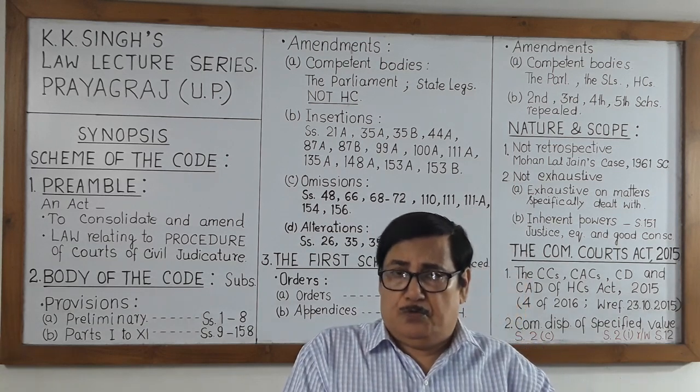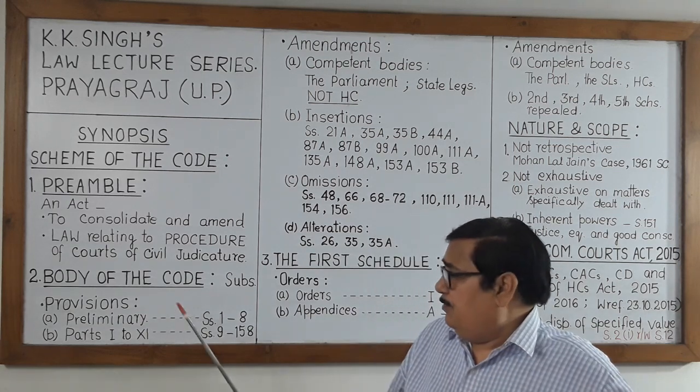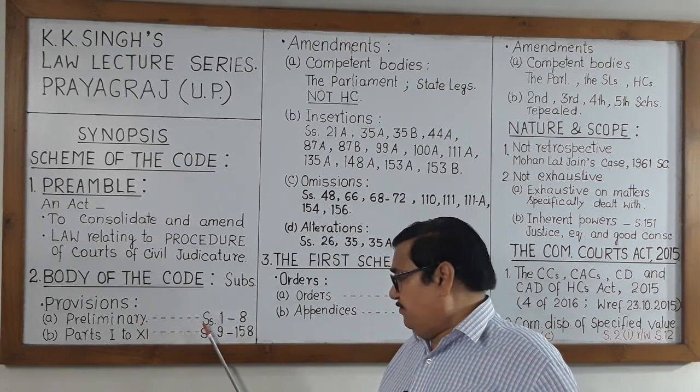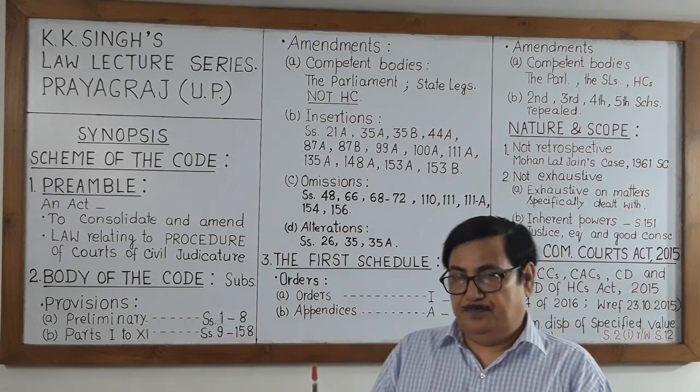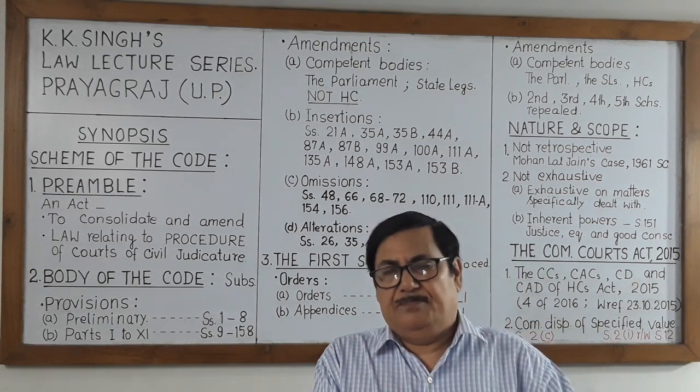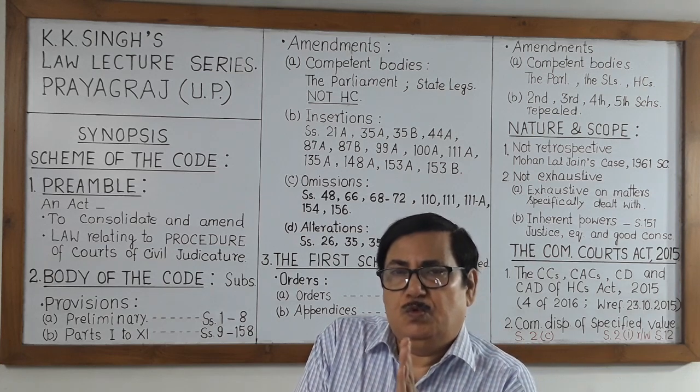The body of the code has first part, preliminary. It contains sections 1 to 8. Various preliminary matters have been given, sections 1 to 8.